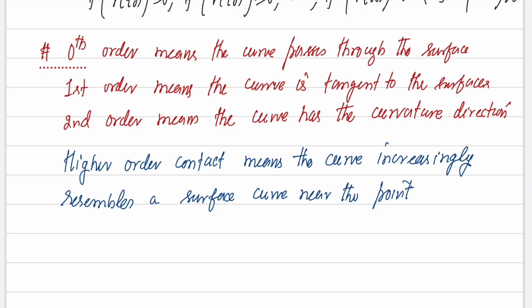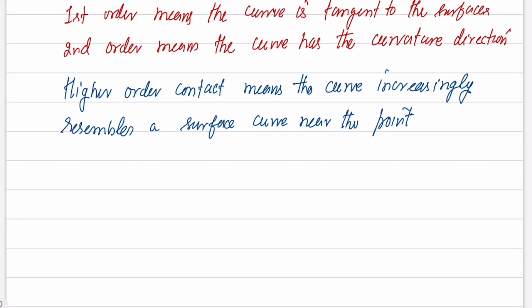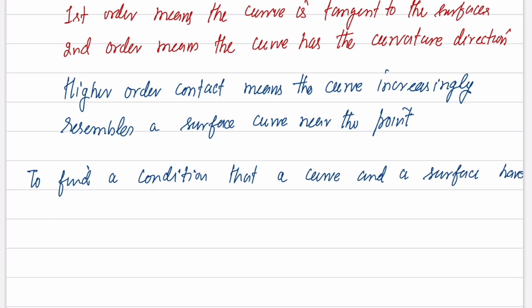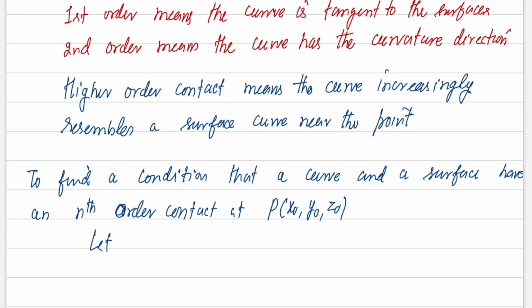Now here we will try to find out how to find the condition that a given curve and a surface have a contact of order n. So to find a condition that a curve and a surface have an nth order contact at a point P, say with coordinates x naught, y naught, z naught, let the curve r have coordinates x of t, y of t, z of t.